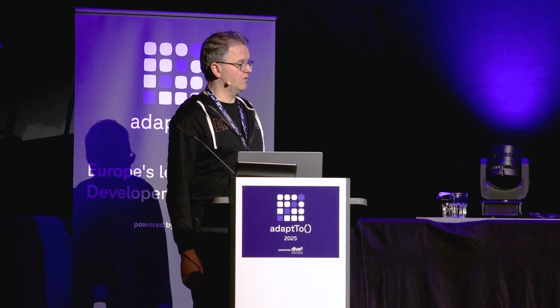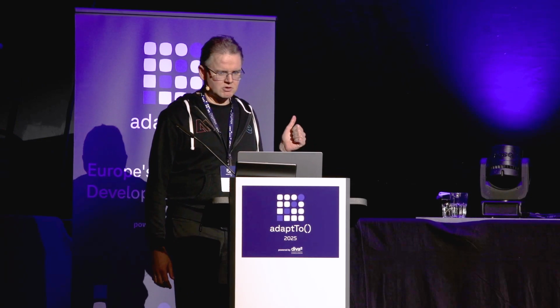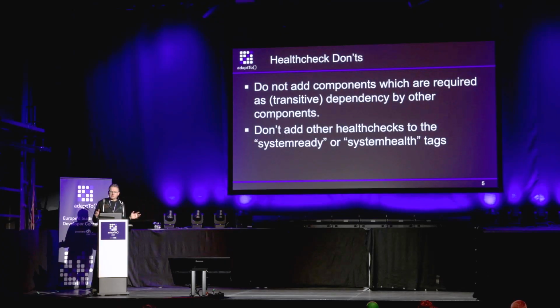You don't need to add components there which are required by other OSGi services as a dependency. If you have a large graph, just put the one with the most transitive or direct dependencies into that, and OSGi will take care that the rest of it is there as well.